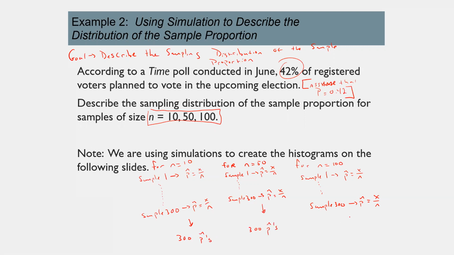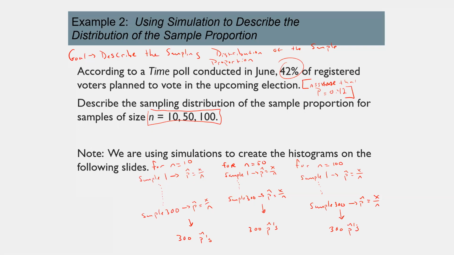Could you explain? I don't quite understand. So you're going to call 10 people and do it 300 times? That is correct. Every time I call 10 people, I'm going to compute the sample proportion that say they're going to vote in the upcoming election. Then for the next 10 people I call, I'm going to compute a new p hat, and a new one, and a new one.